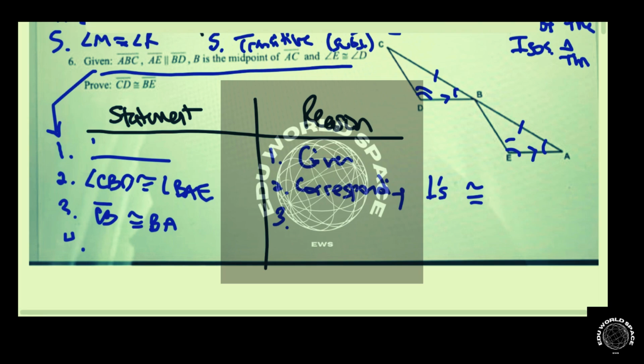And so by angle side, two angles on the non-included sides, triangle CBD is congruent to triangle BAE. Again, the reason for number 3 is the definition of midpoint.